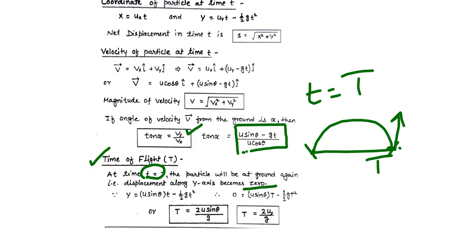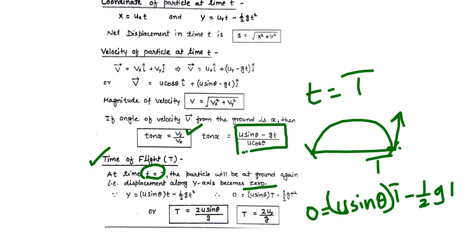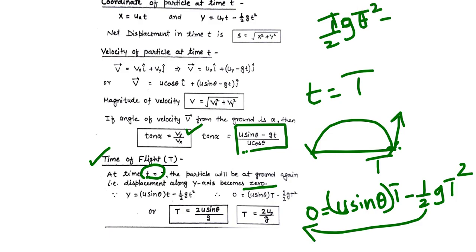So we put 0 equal to u sin theta t minus half gt square. Taking this to the other side, half gt square is equal to u sin theta t.